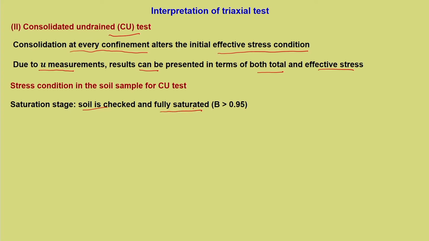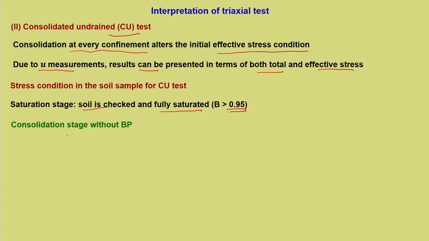So we need to ensure that the B parameter is greater than 0.95 to ensure that it is fully saturated. So the next stage is consolidation. Now saturation can be brought about by the application of back pressure as well, and we may also not opt to use back pressure. So there are two conditions of consolidation: where back pressure is used, and where back pressure is not used.